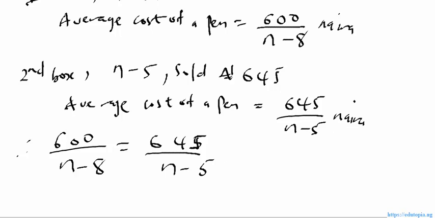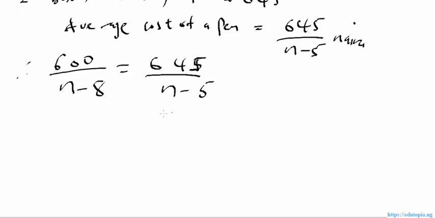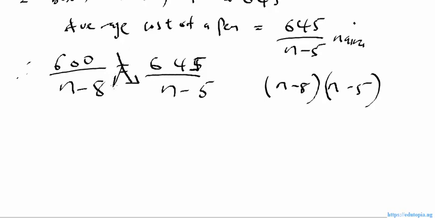So what we do now is to solve for the letter N, which is the unknown. Our denominators here are N minus 8 and N minus 5, so we can multiply both sides of the equation by N minus 8 times N minus 5 as our LCM, but I'll just simply cross multiply, because at the end we will still arrive at the same process.